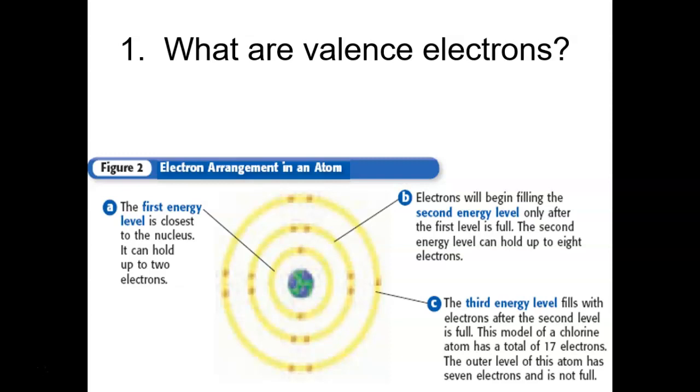The closest one to the nucleus, we've talked about when we were talking about the periodic table. We've talked about the fact that that holds a total of 2 electrons, so it can have 0, 1, or 2 electrons in it. Once that shell or level is full, then electrons start to populate the next layer or level or shell.